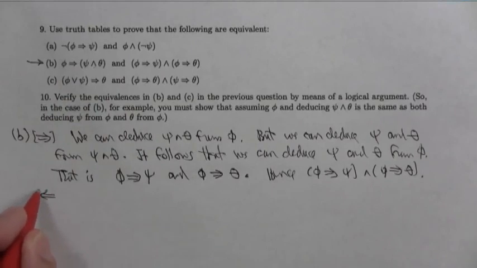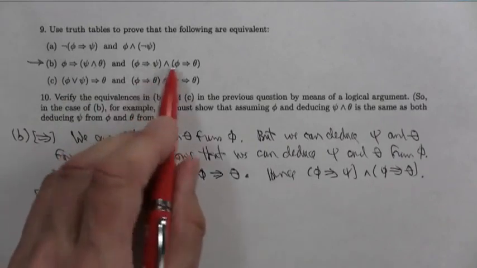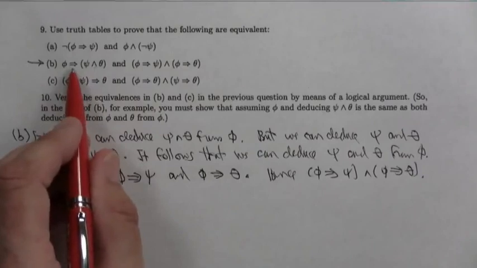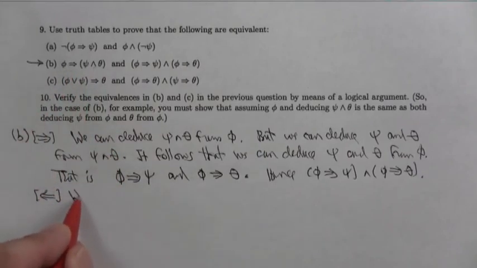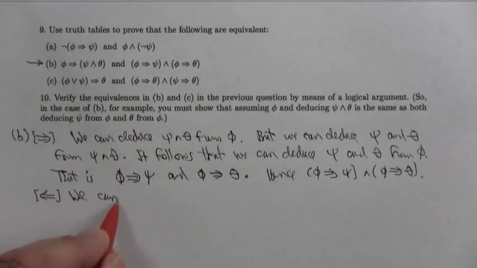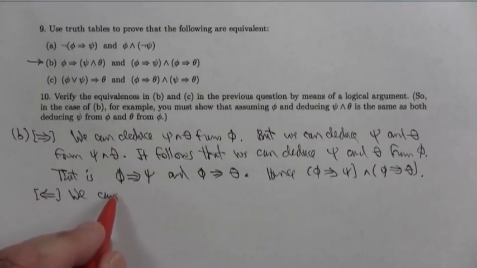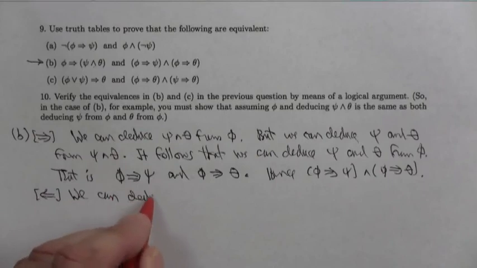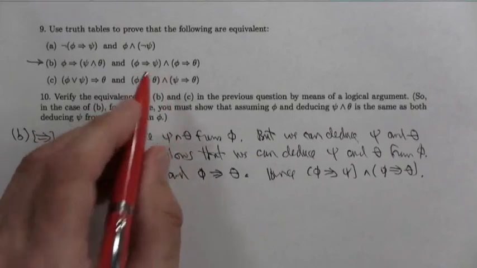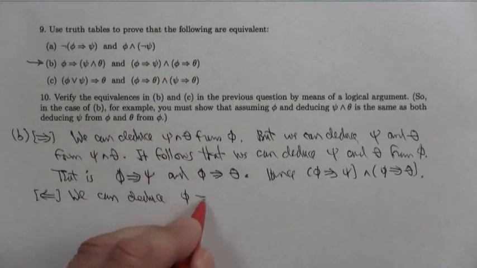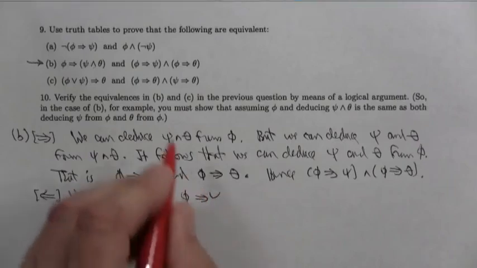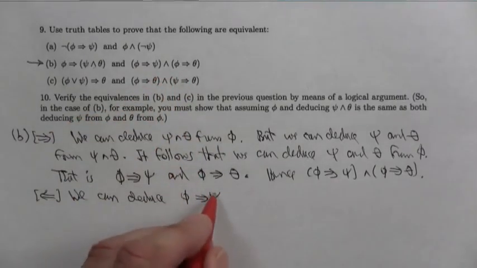What about going from right to left? Assume this guy and deduce that one. Okay, well let's see what that says. That says we can deduce, if we can deduce a conjunction, we can deduce each conjunct.